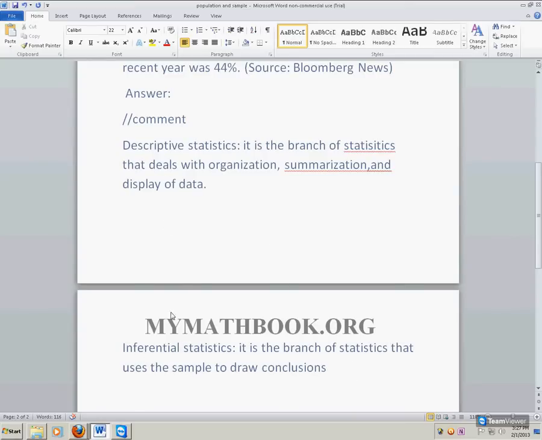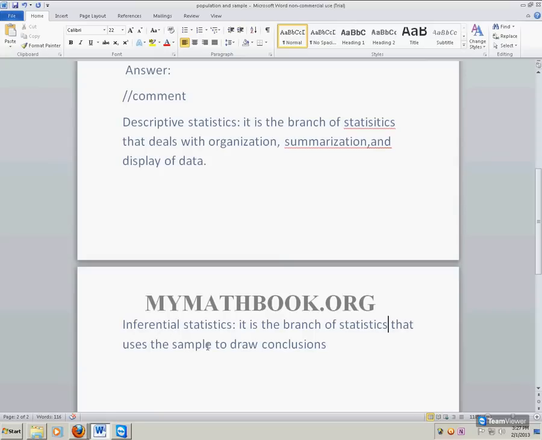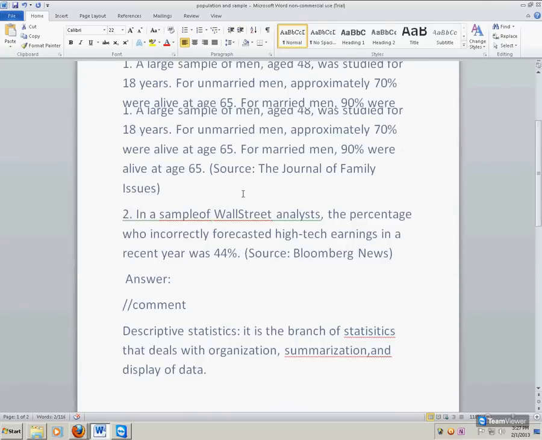So the only difference between this and that is where organization and summarization is done. And with inferential, it uses the sample to draw up conclusions. So let's go ahead and answer the question now.